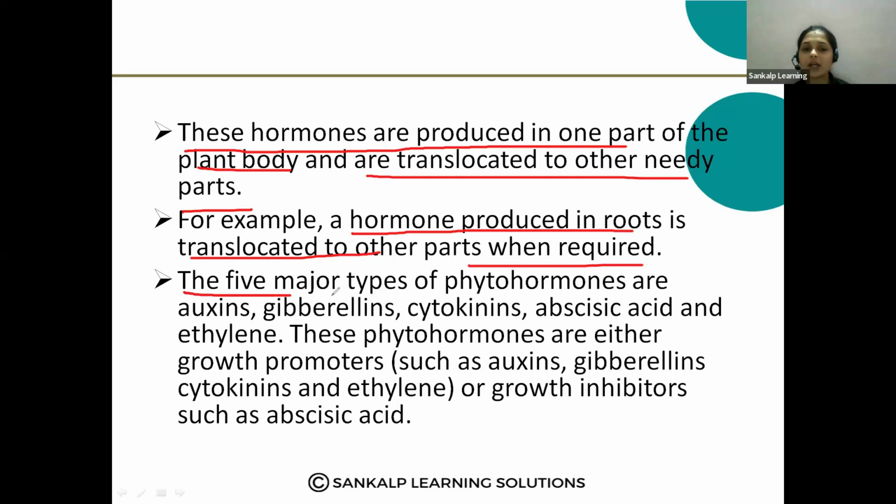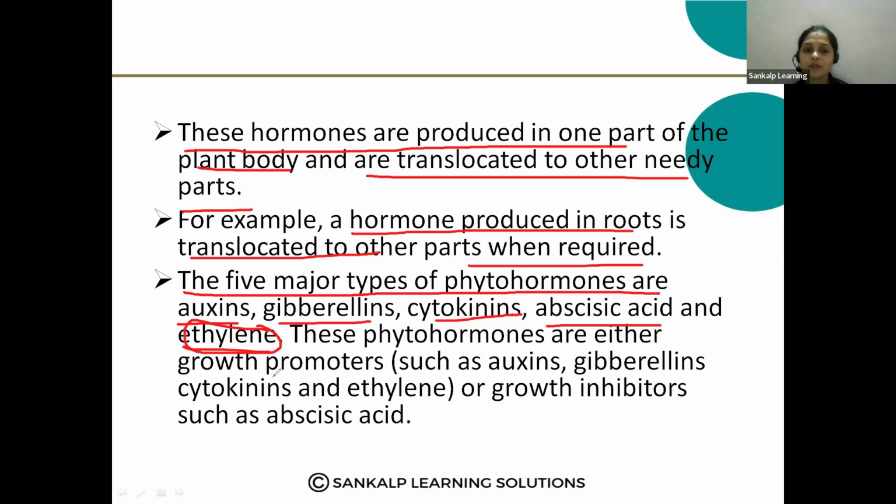The major types of phytohormones, means plant hormones, are auxins, gibberellins, cytokinins, and abscisic acid. Ethylene is not mentioned in your textbook, but you can write that.